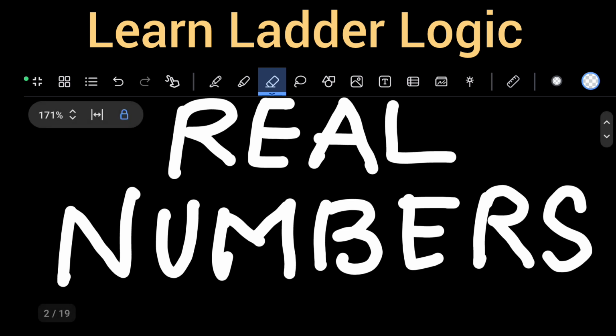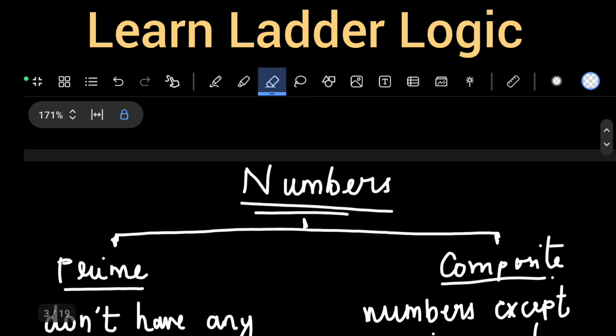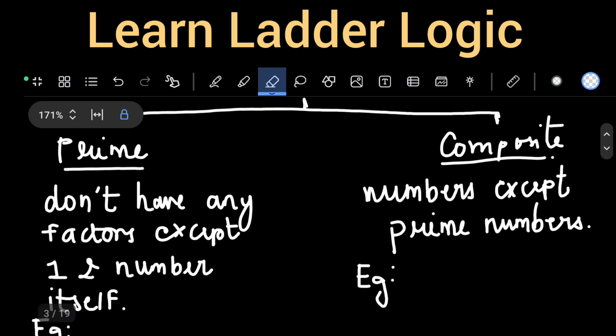So let us understand the two types of numbers, prime numbers and composite numbers. Prime numbers are those numbers which don't have any factors except 1 and the number itself, whereas composite numbers are the numbers which are just opposite to the prime numbers.